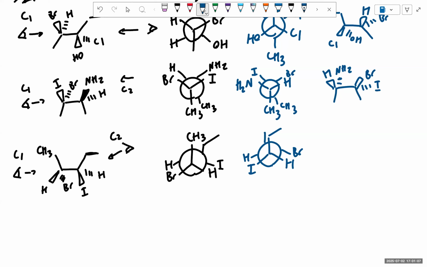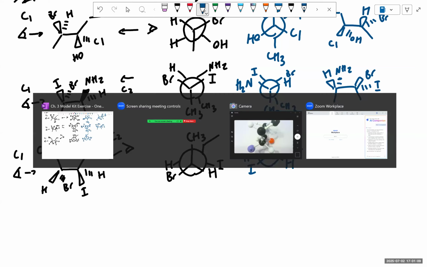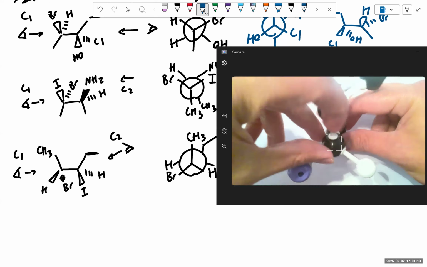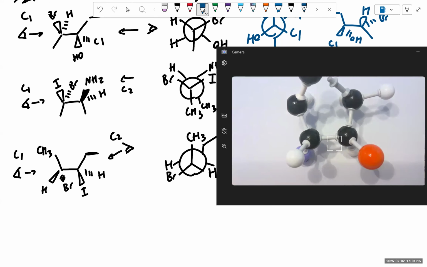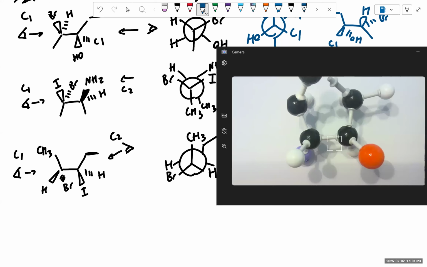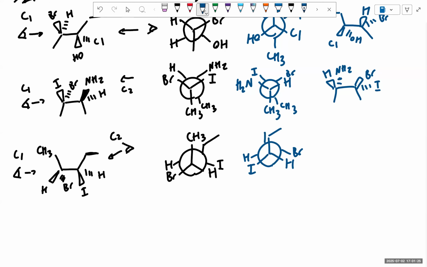Converting this to a Dash-Wedge depiction, if we rotate this structure, we get the following Dash-Wedge depiction. This time, the ethyl group is on the left, the methyl group's on the right.